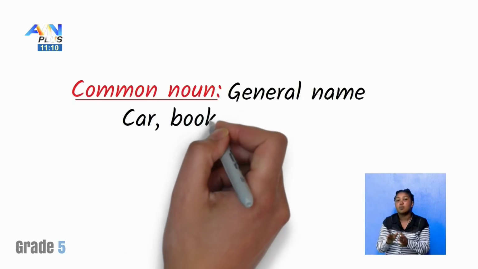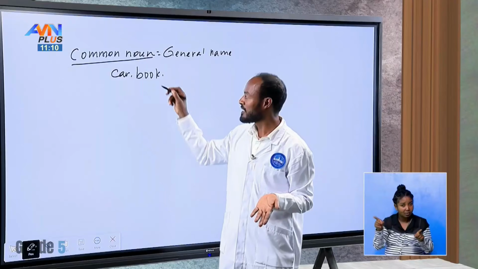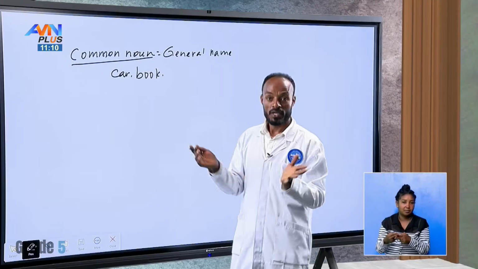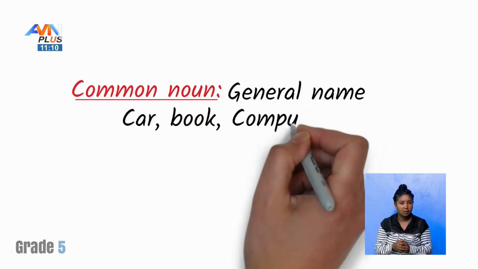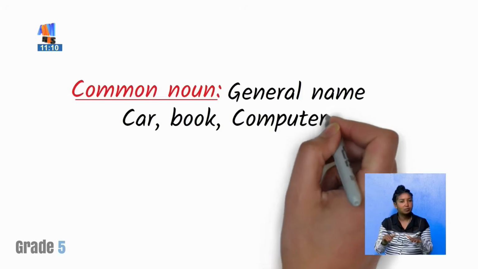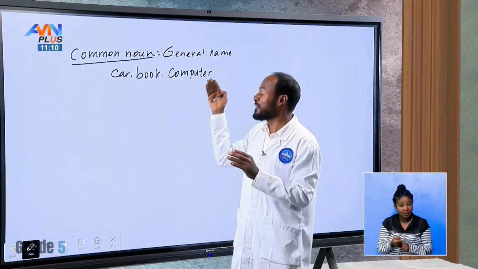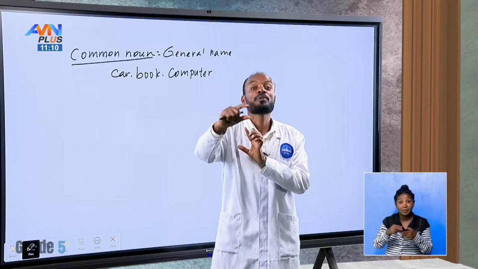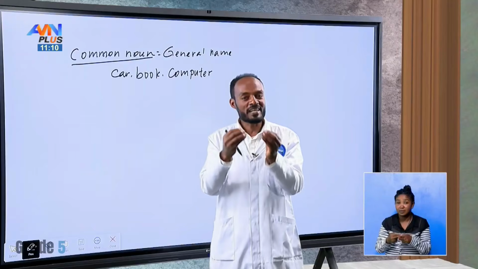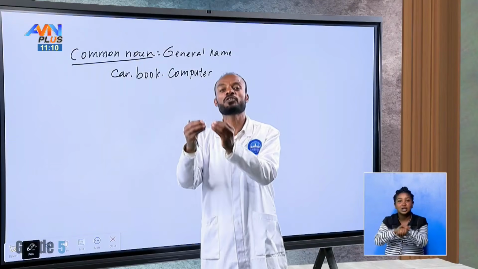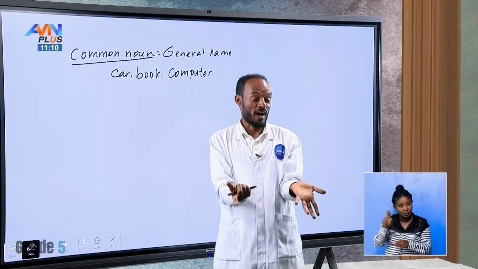What about here? Book. This one is also a general name. When we say computer, this is also general. Is that clear? But when we say HP computer, that is a proper noun. When we say grade 5 English language book, that is a proper noun because that is specified.